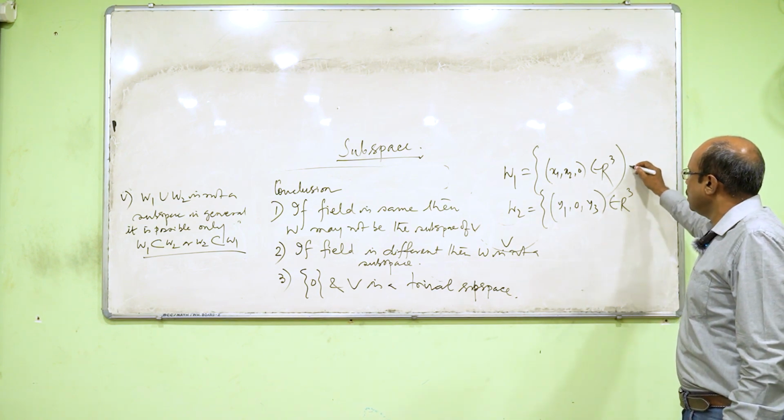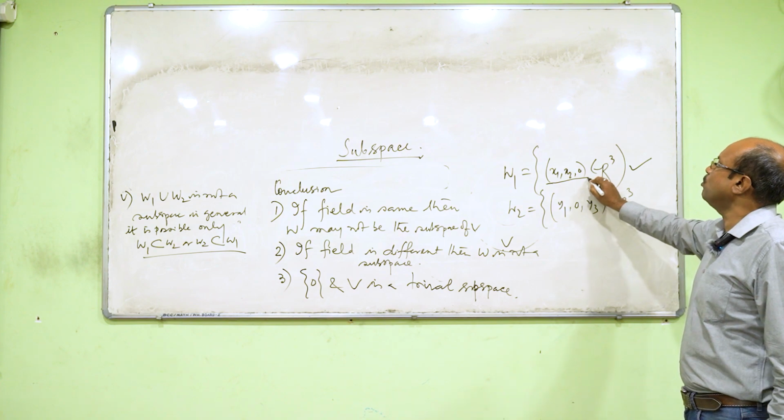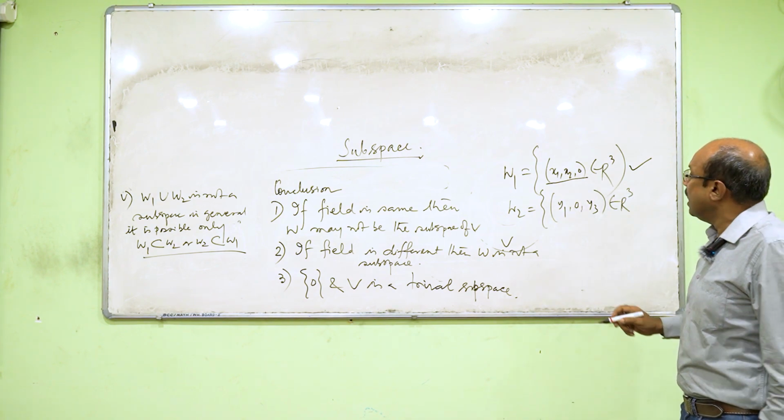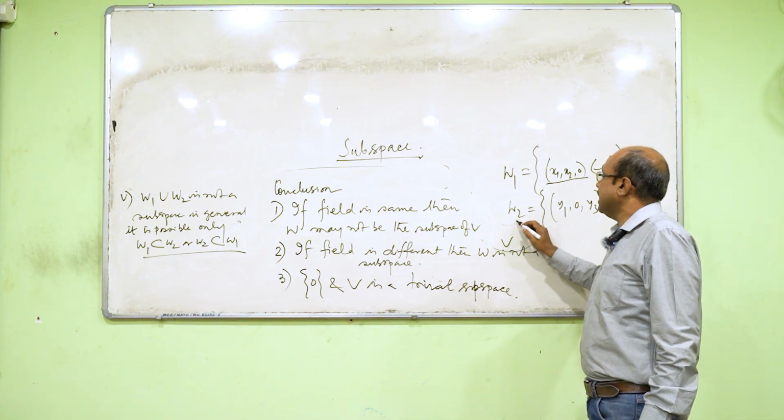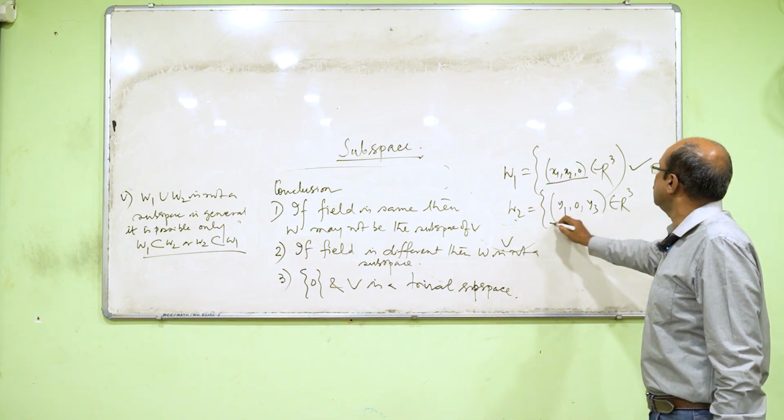Let W1 be a non-empty set which contains elements in the form x1, x2, 0, and W2 be another non-empty set which contains y1, 0, y2 in this form.